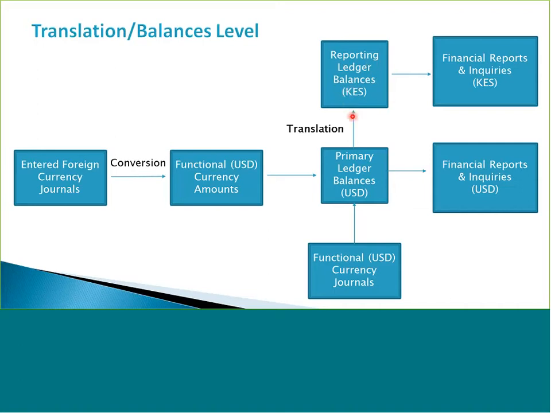And then now we have two types of balances: the primary ledger, which shows balances in the functional currency, and then this reporting currency ledger at the balances level, which shows balances in the foreign currency of interest, in this case Kenya shillings.